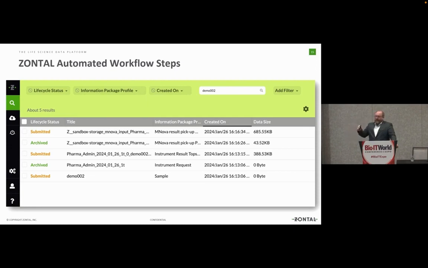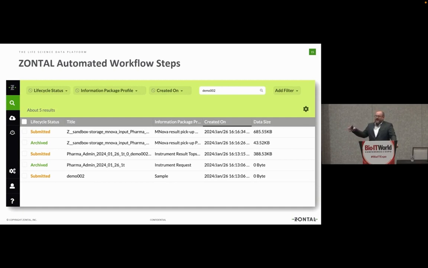All of this is one information workflow, and it can be tracked and traced for every scientist, and the scientists are, in this case, very happy because they don't have to search for the right files on the instrument PC to copy them on a shared drive. So this is what's in it for them.